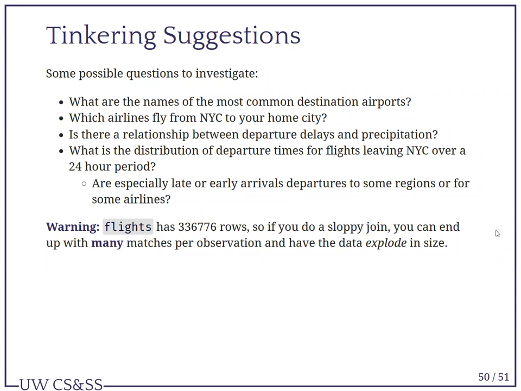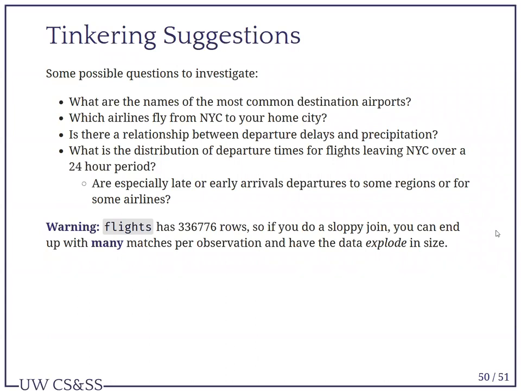Which airlines fly from New York City to your home city? Is there a relationship between departure delays and precipitation? What is the distribution of departure times for flights leaving NYC over a 24-hour period? Are especially late or early arrival departures to some regions or for some airlines?